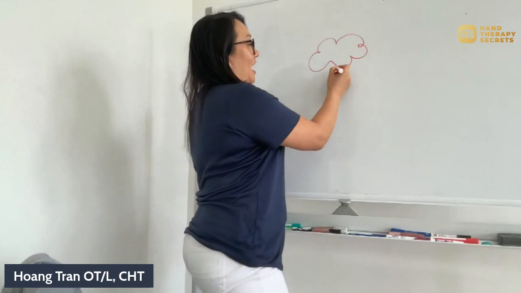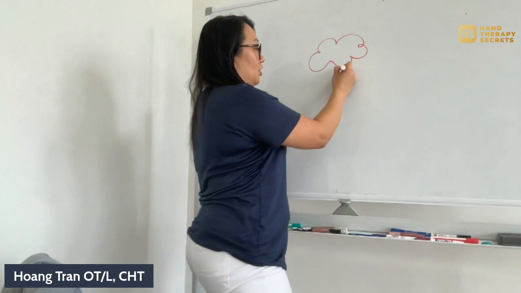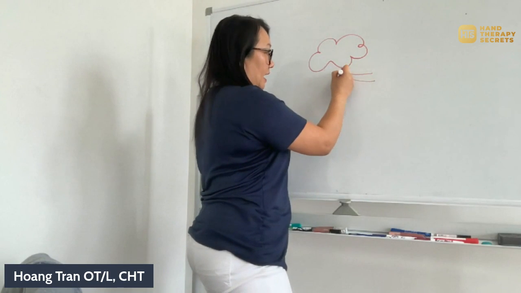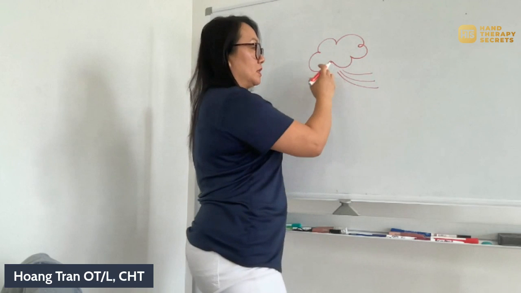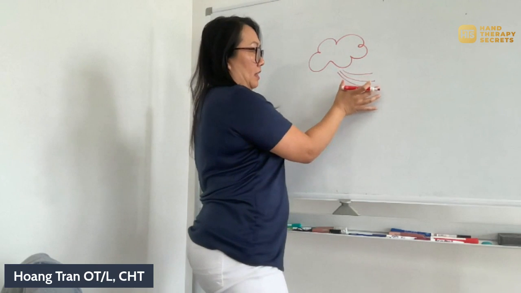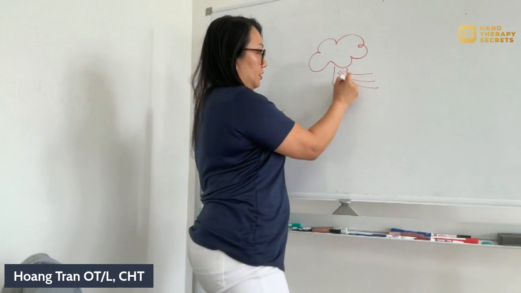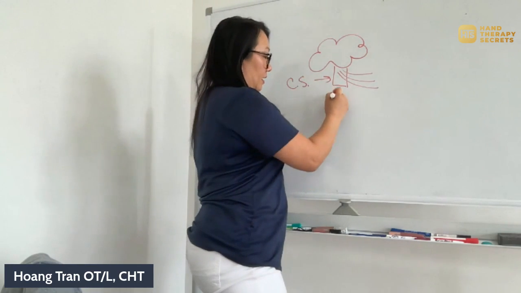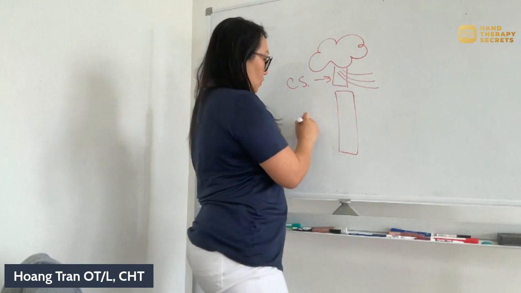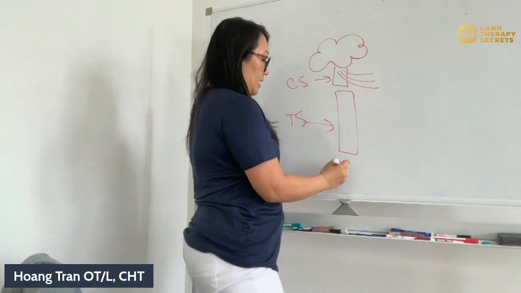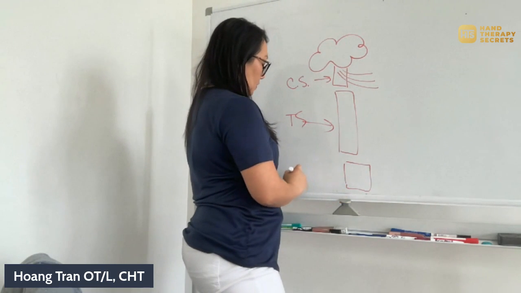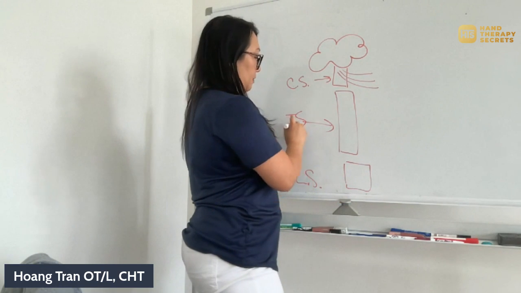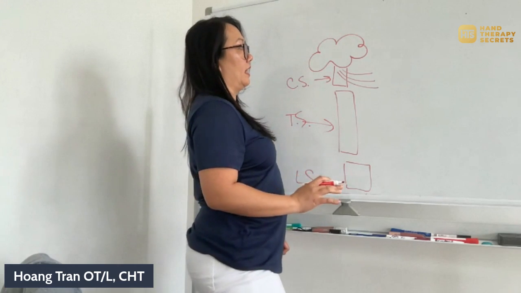And here is your neck, and out of your neck come these nerves. We're going to call this the cervical spine. And then from there is, of course, your thoracic spine that sits on top of your lumbar spine. I'm just going to abbreviate it like that.